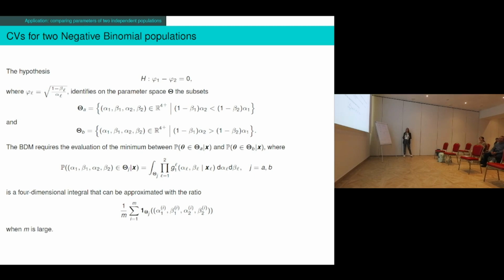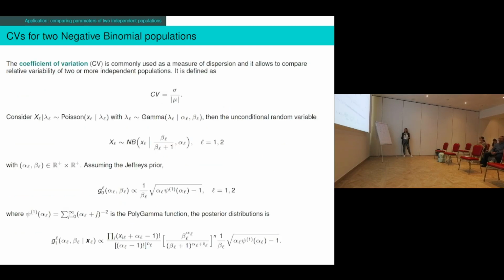The posterior probability is a four-dimensional integral that cannot be computed in an exact way. So we approximate it with this ratio by following the Monte Carlo integration method. We also apply the Metropolis-Hastings algorithm since, as I said before, we only know the posterior distribution up to a normalizing constant.